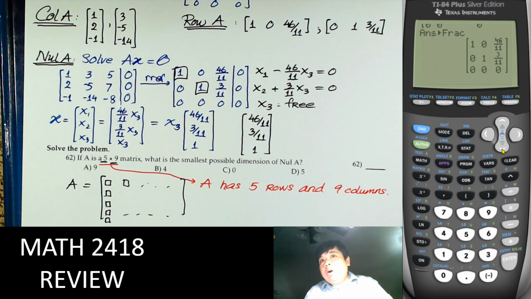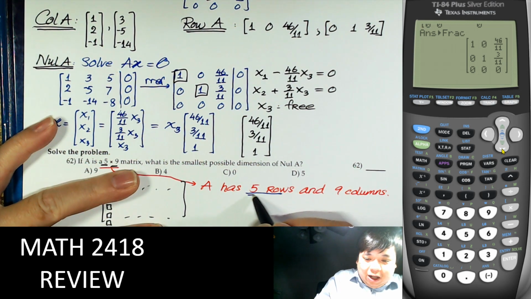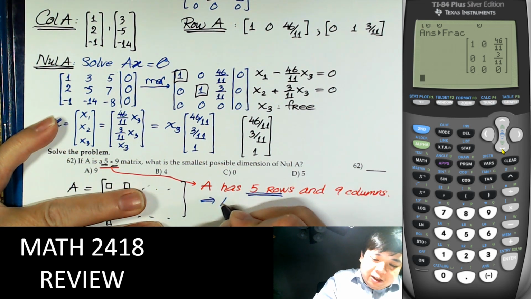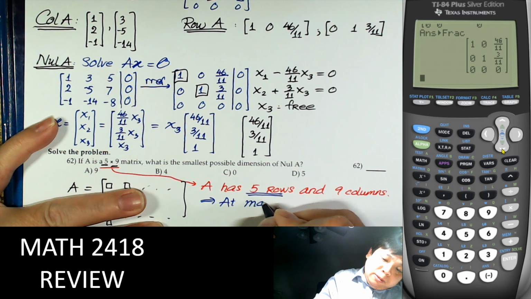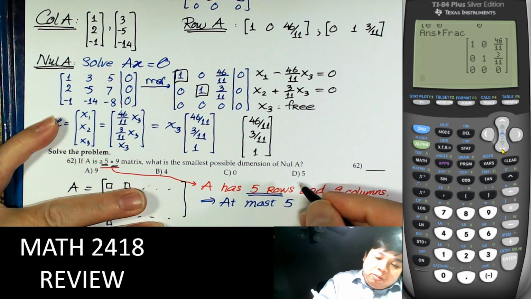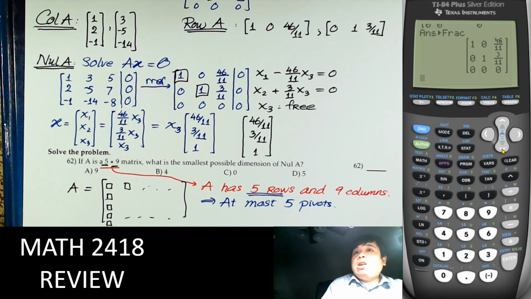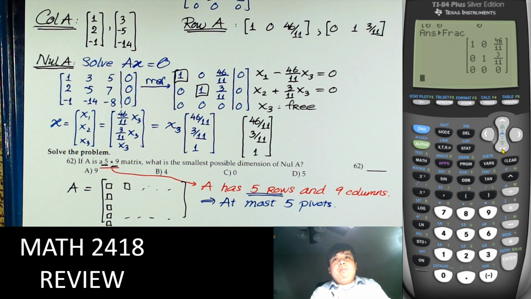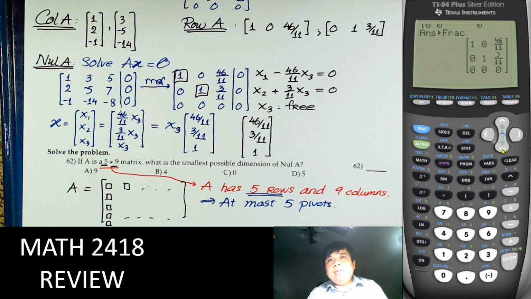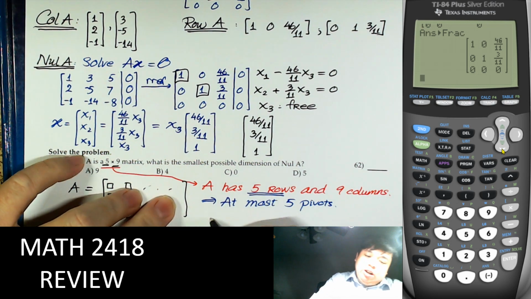Because it has 5 rows, we have at most 5 pivots. And then 9 columns. If at most 5 of them are pivots, that means 9 minus 5, at least we have 4 free variables.